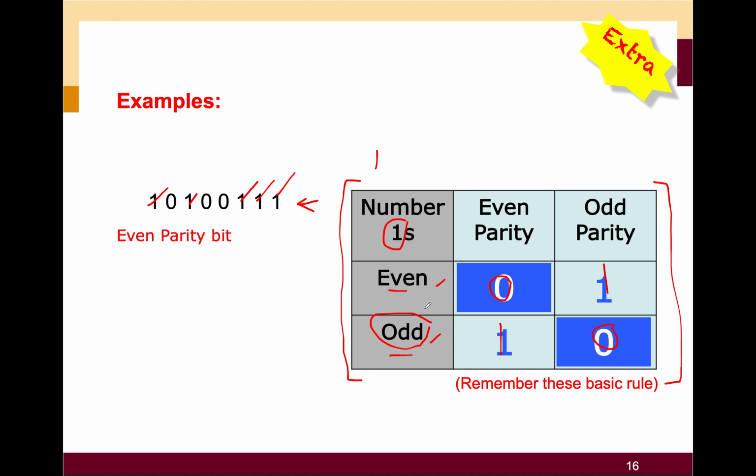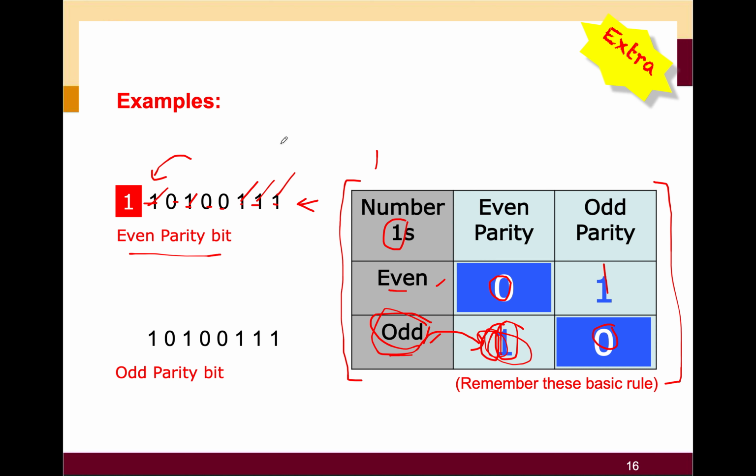Okay, if you want to have the even parity for an odd number, you will get 1. Where are you going to put this one? This value, you will put it in front. Why? Because you have a total of 1, 2, 3, 4, 5, 6, 7, 8. You put it over there as the even parity.